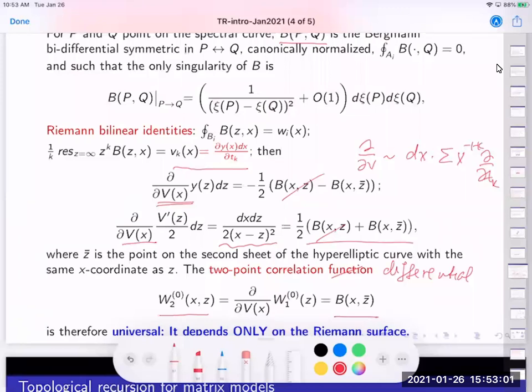And you see that now we completely strip out all specific information about the curve, because this differential is pretty much uniform and doesn't depend on details. So we strip all double points, everything.